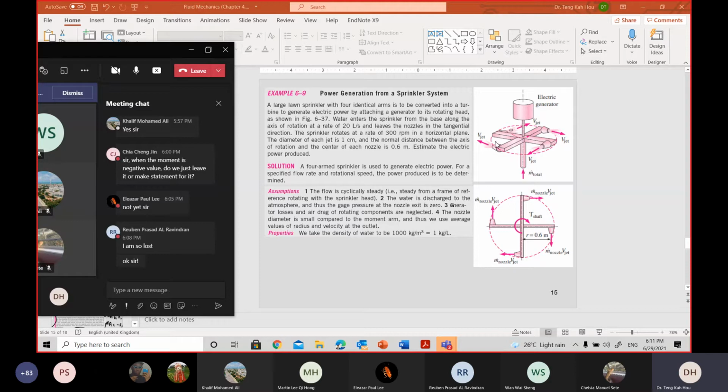Okay, I'm going to show you later, so no worries. So once you are able to find this, at the end, you should be able to contribute to this shaft rotation. Okay, try first. I will come back in 6:15. Then we will go through the questions and answers together. Okay.